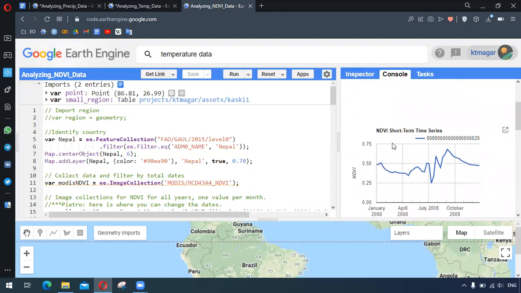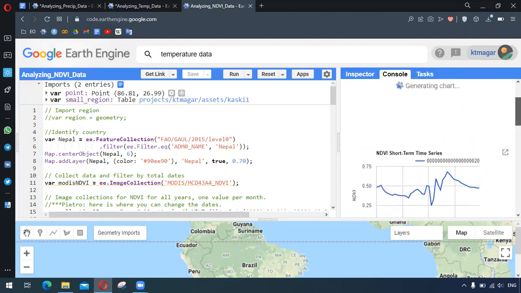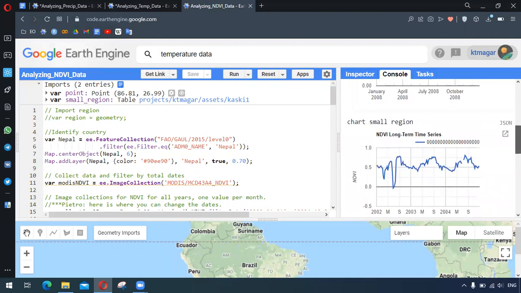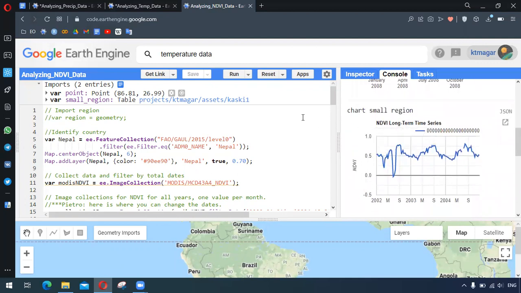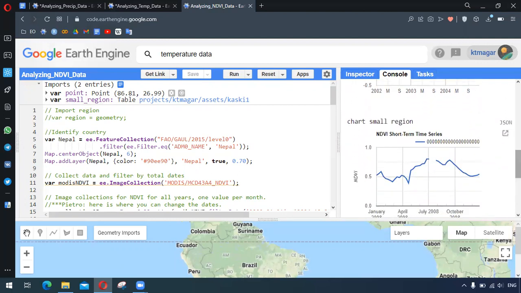So here we have the NDVI short time series beginning from January to December 2008. And we have here NDVIs for the small area, this one for the small region, beginning from 2002 to 2008. This one is the short time for a single year.